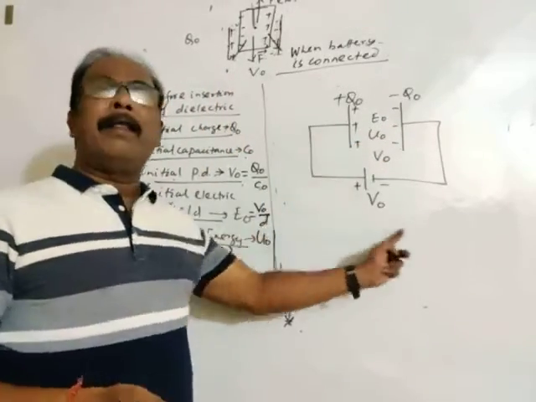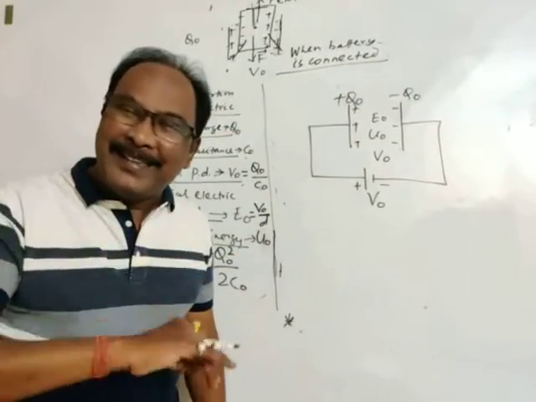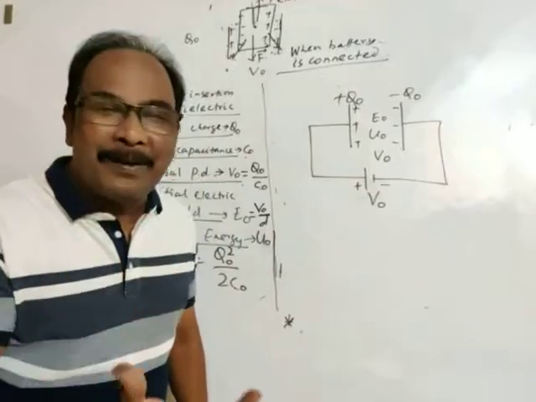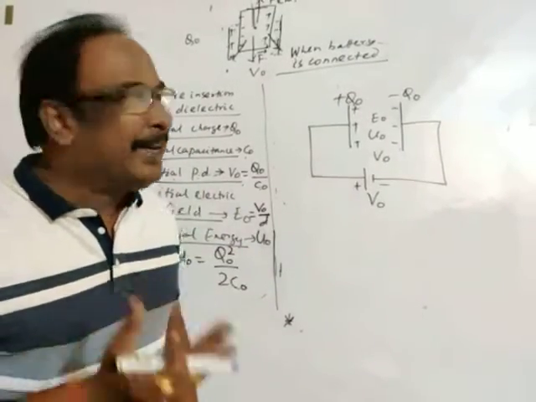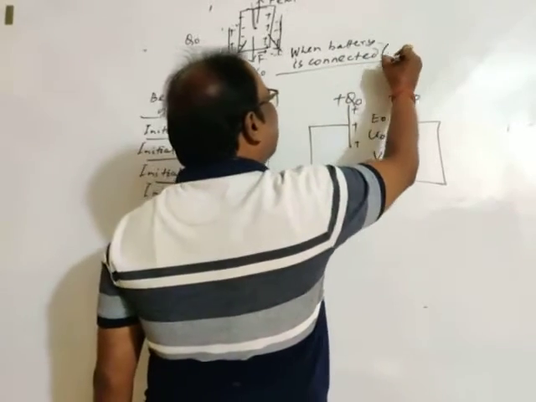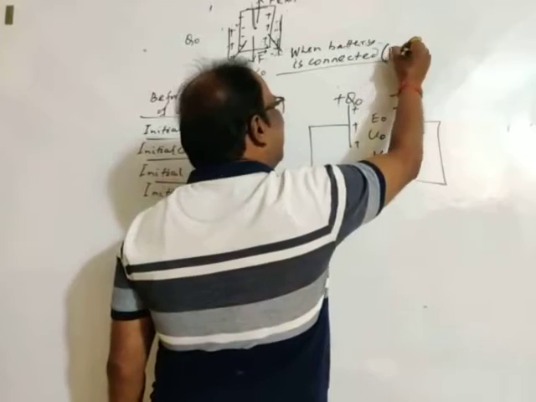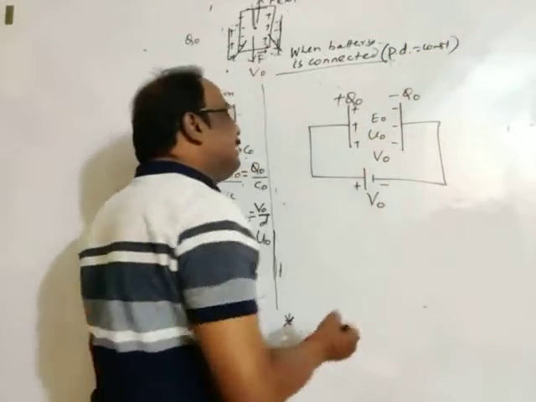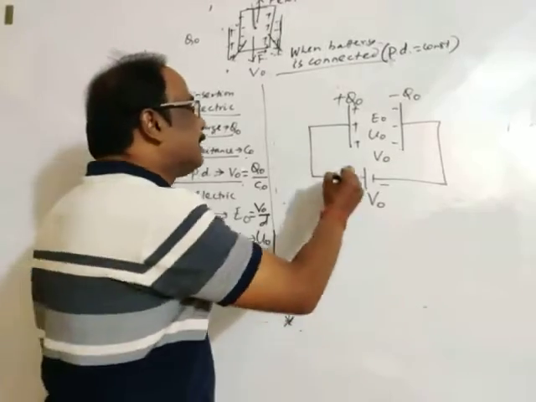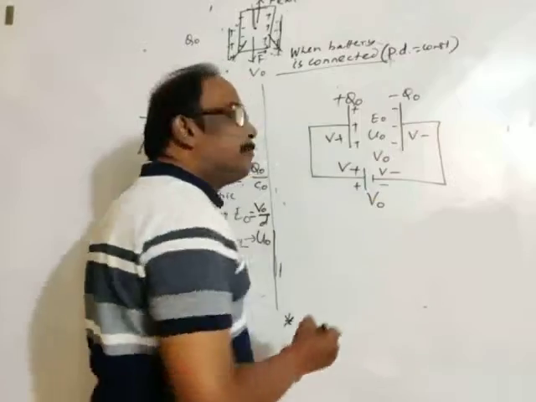So if the battery is connected, charge will not remain constant. What will remain constant? If the battery is connected, potential difference will remain constant. This is V plus, this is V minus.